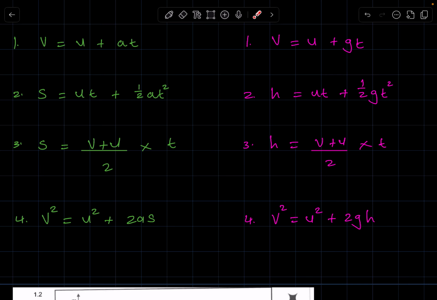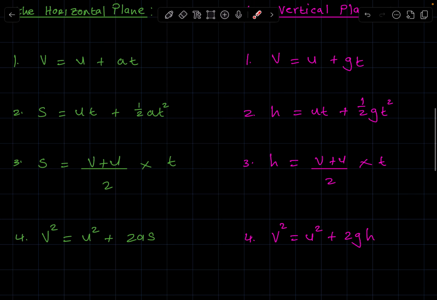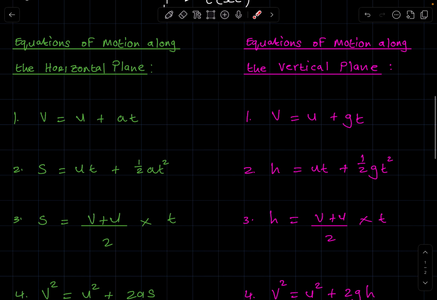But because of the change in plane, because we can't necessarily consider acceleration along the vertical plane, instead we consider gravitational acceleration. And then in terms of displacement for the vertical plane, we use height for obvious reasons, right? Those are your equations of motion, and that is how they come about, right?